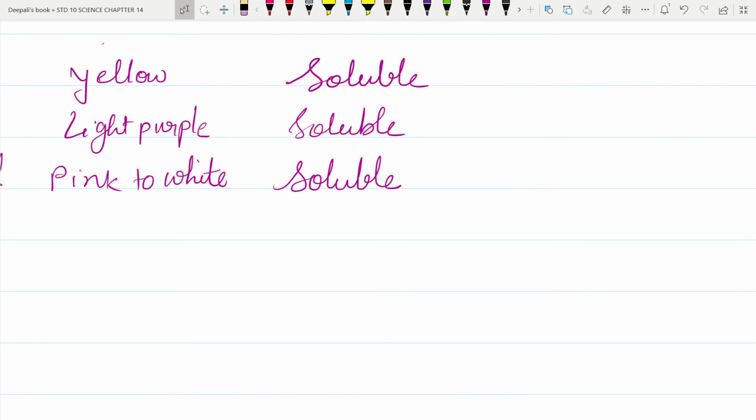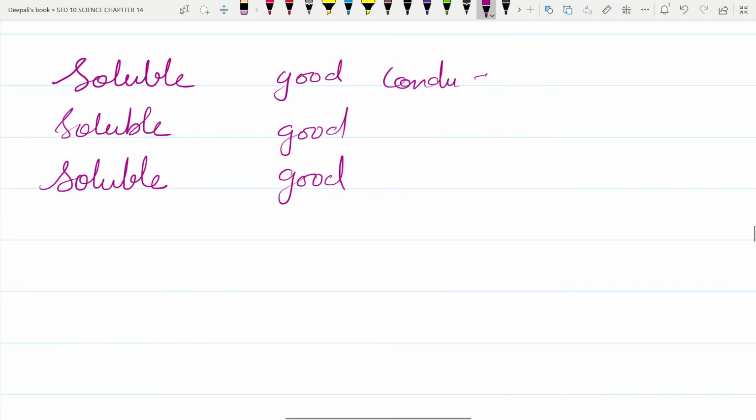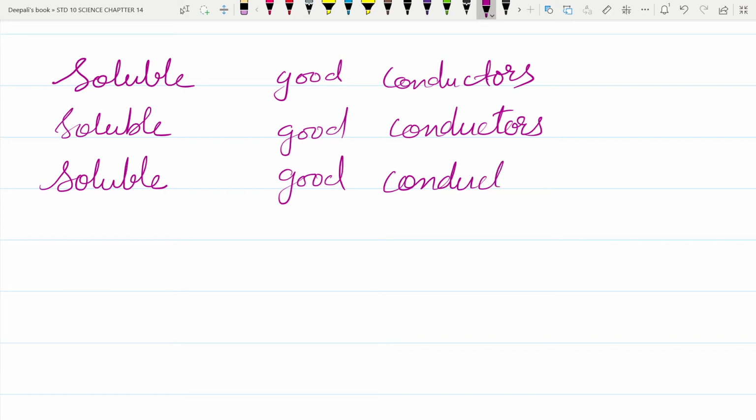If you check the conductivity, then all are good conductors, and their nature is ionic.